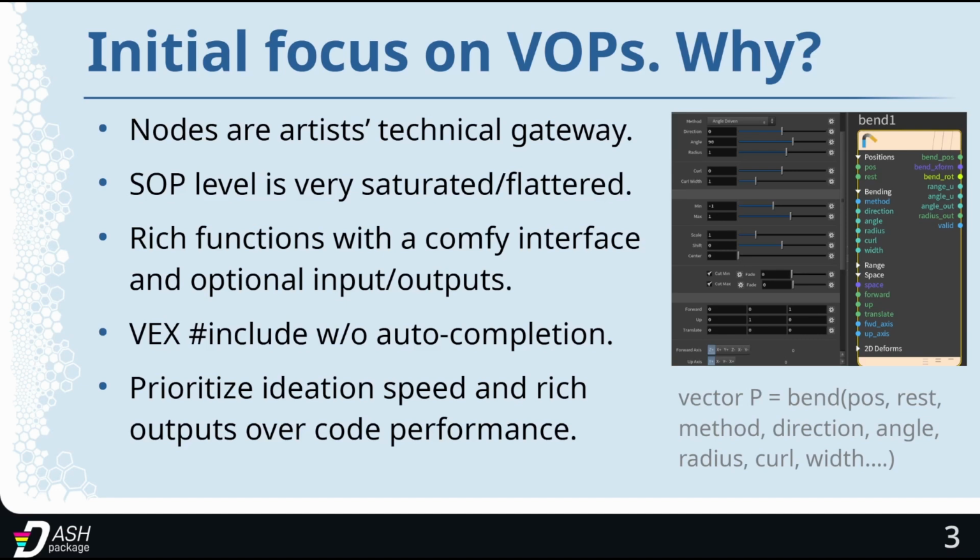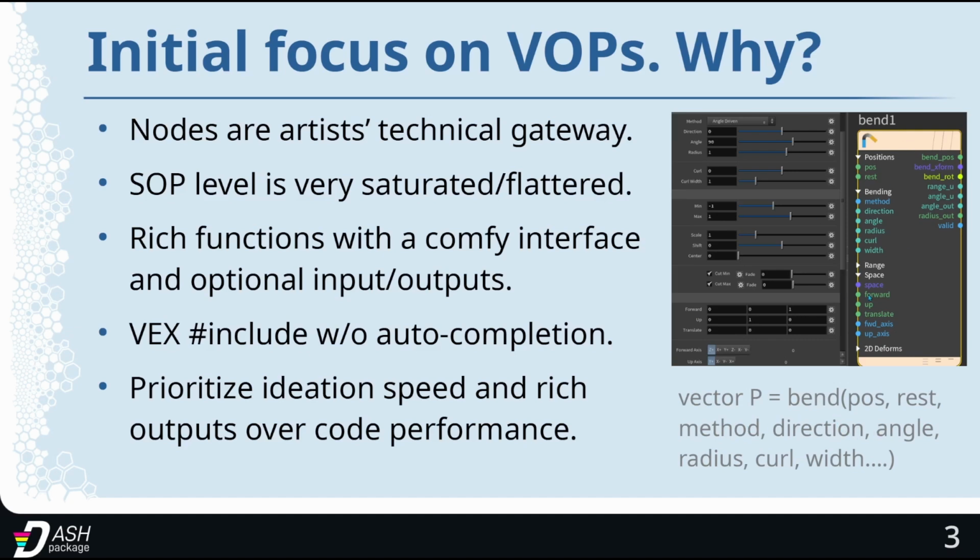In a way, VOPs allow me to create functions that have a rich list of inputs and outputs, and a nice UI that immediately gives me control over the function. In Vex, you would have to create those parameters and then use them in the function itself.